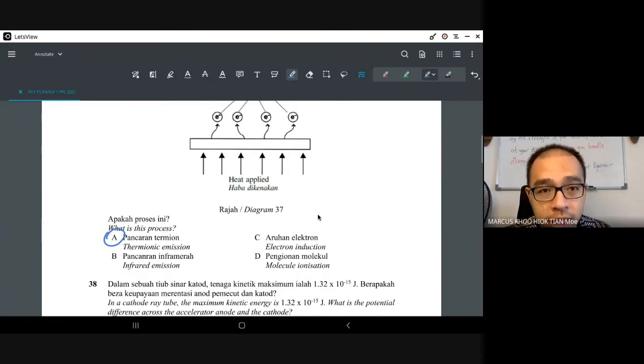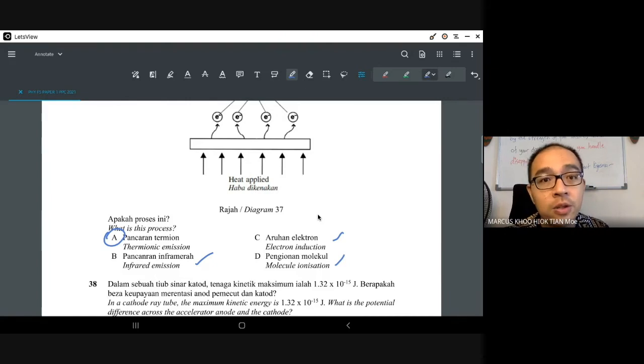But actually, if you think about it, you have not even touched any of these three other things. What is electron induction? No, you have not learned it. Molecule ionization, we have not even learned it, at least in physics. You may have learned it in chemistry, I'm not sure. But in physics, we only look at molecule ionization in chapter 6, and that is just touch and go.